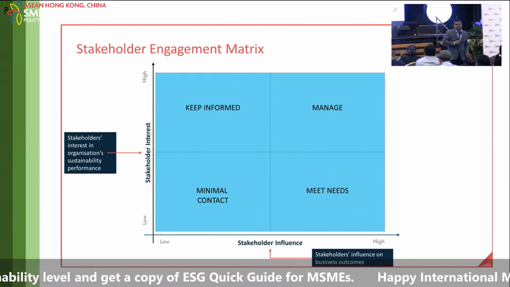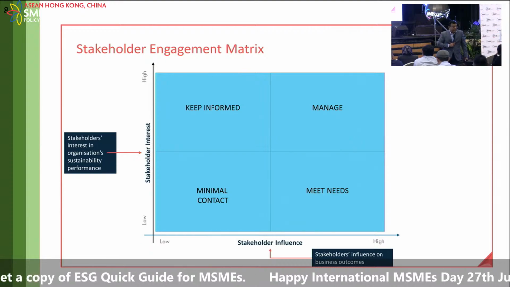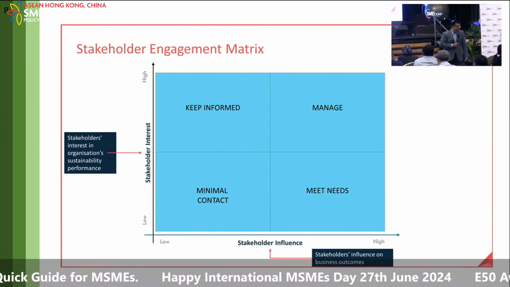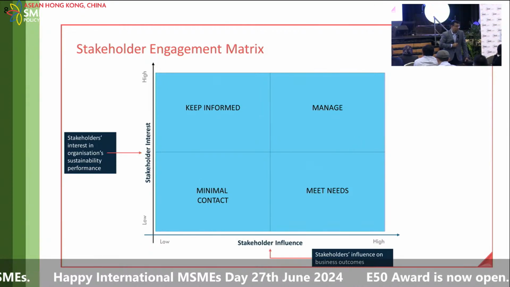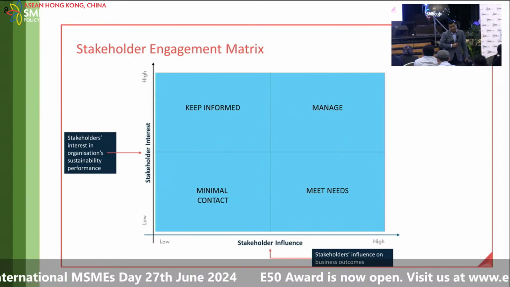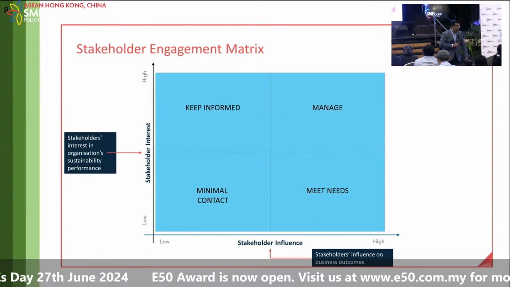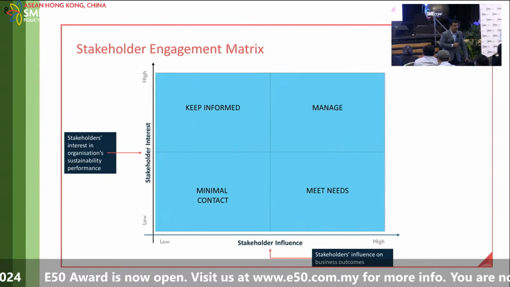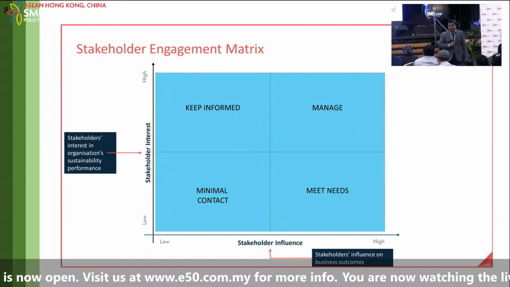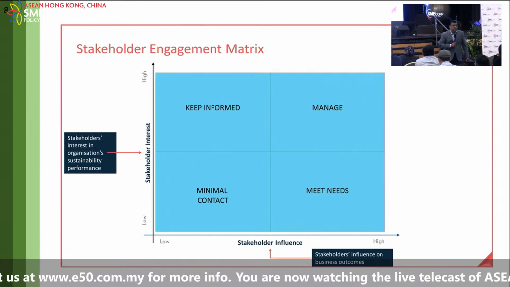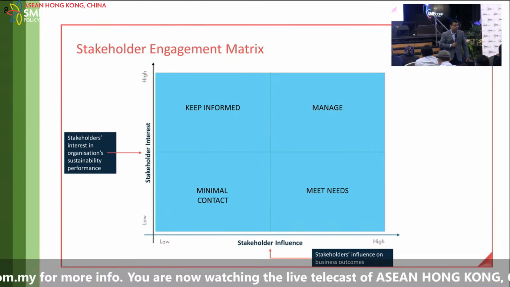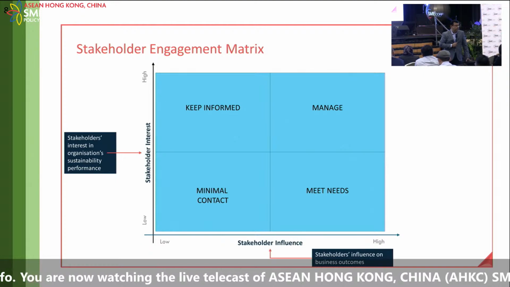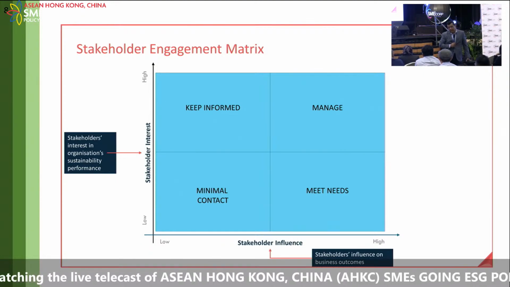So possibly regulators. They don't really care whether you make money or not, as long as you pay them their license fee and whatever. But they are very much interested in whether you are keeping up with all the regulations and whatnot. So that would be a usual, typical example. Is everyone with me? Okay, thank you.